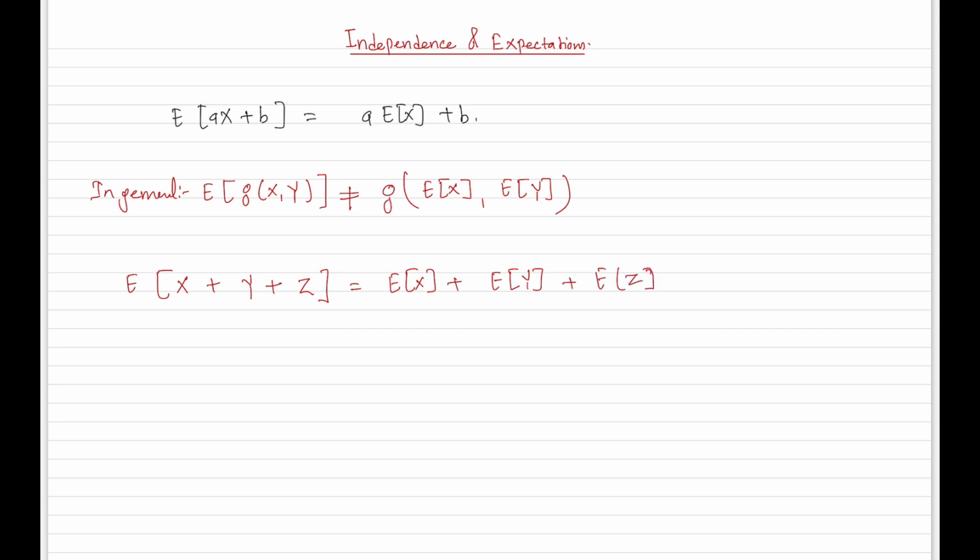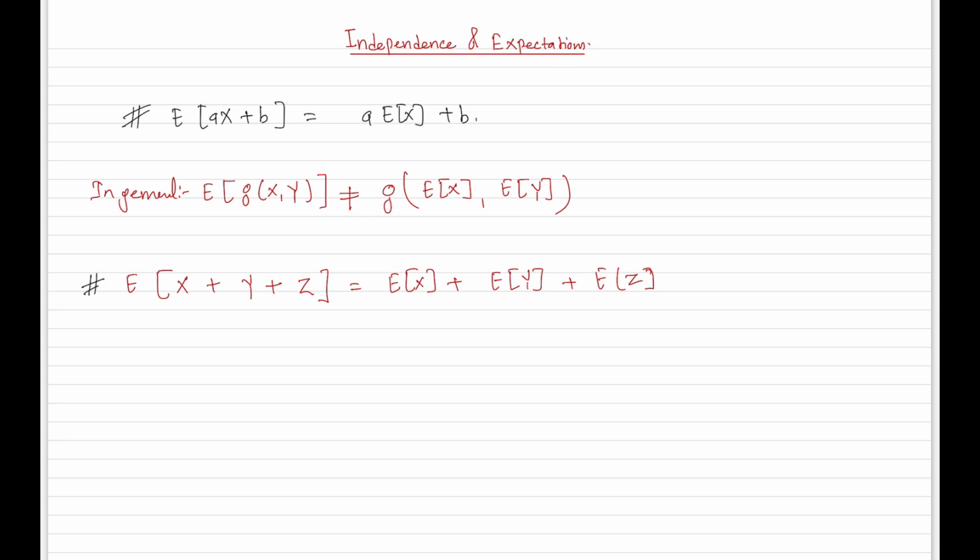And these properties don't require any kind of independence. Whether you have independence or not, these properties will always hold, right? So we have already seen these properties regarding expectation.